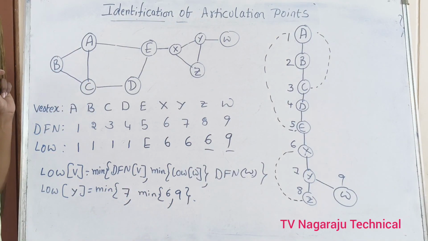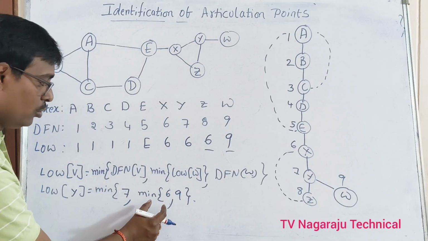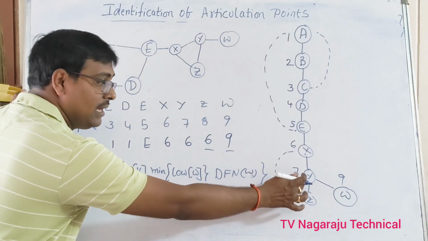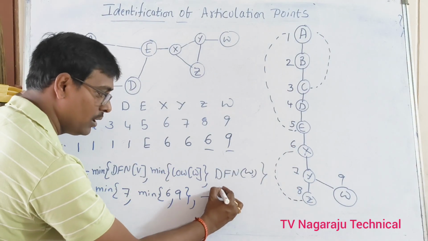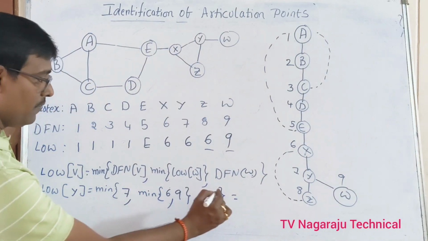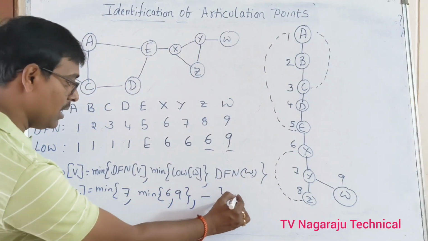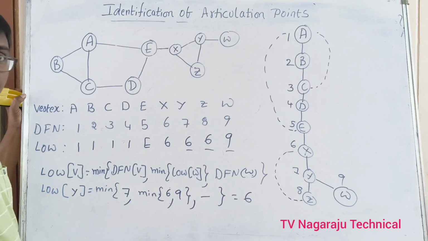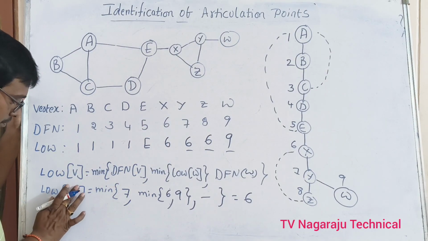Among the two children, you need to consider the one with the minimum value. Is there any back edge from Y? No, ignore. So what is the minimum value? Among these, the minimum value is 6. You got it? Anyway, we will calculate for all.